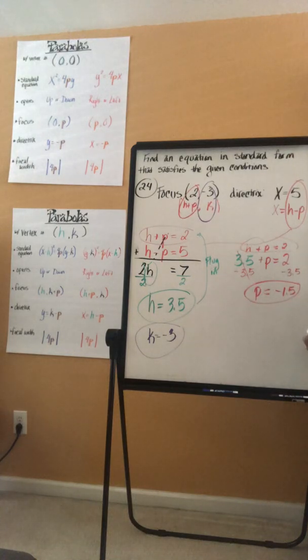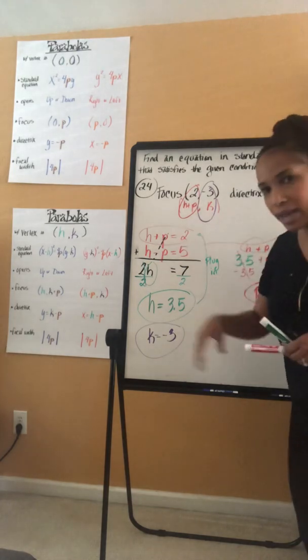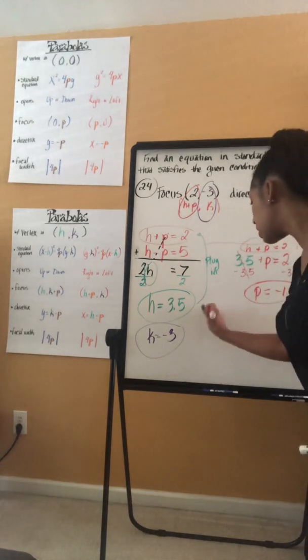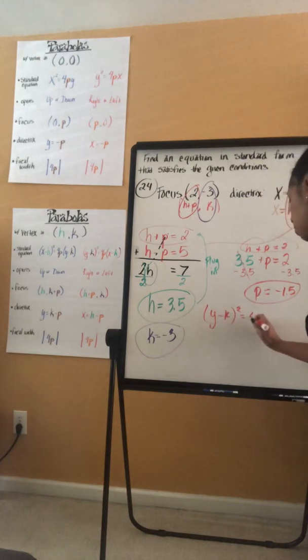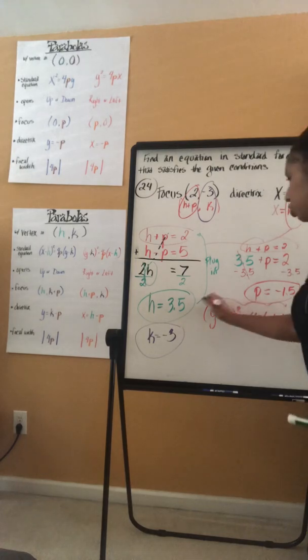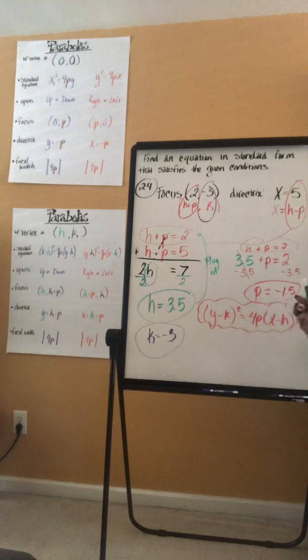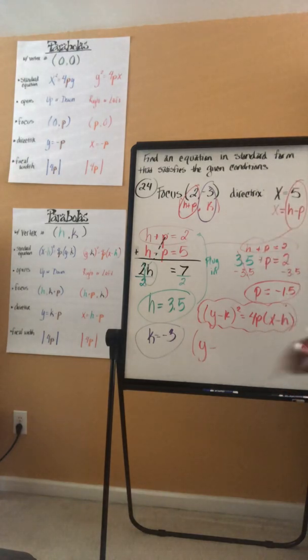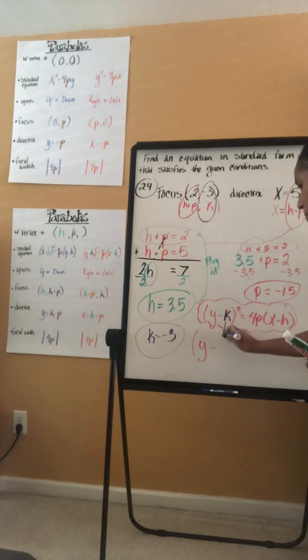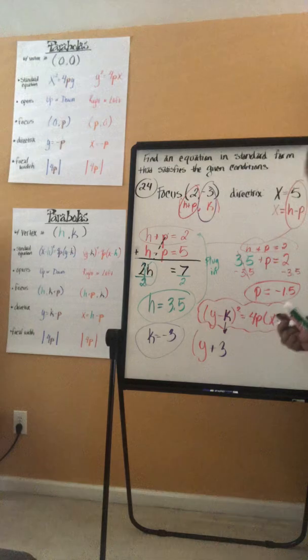I can go ahead and write the equation. We said we were on the red side, so the general formula is Y minus K squared equals 4 times P times X minus H. So Y minus K, where K was negative 3. When I subtract a negative, that's really going to be a positive 3.